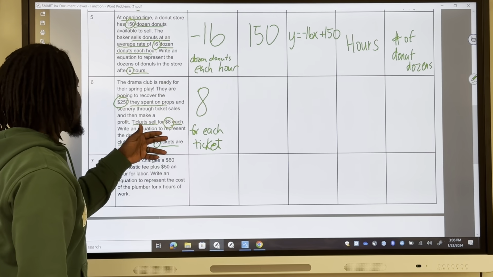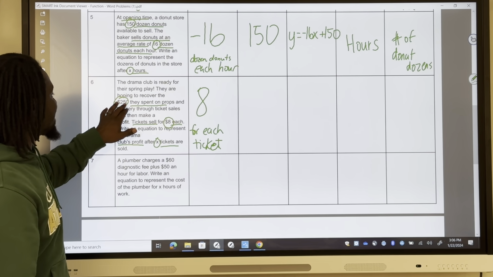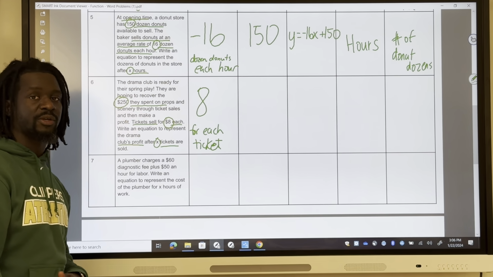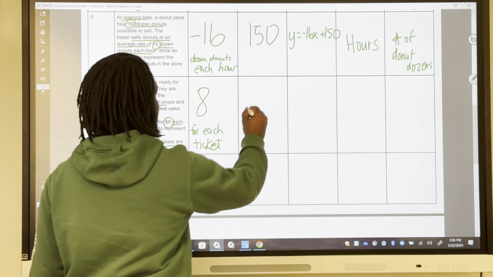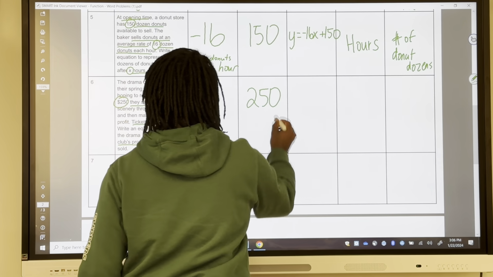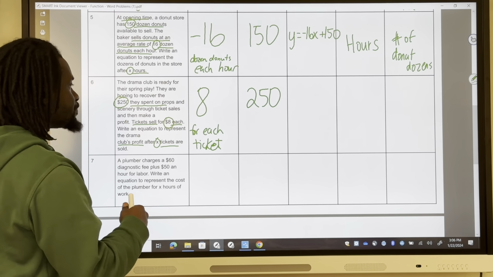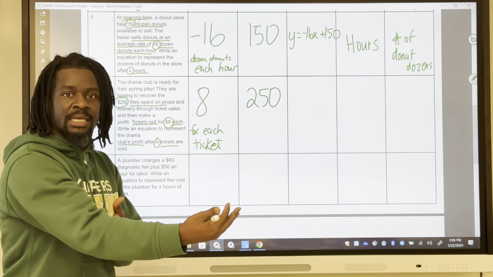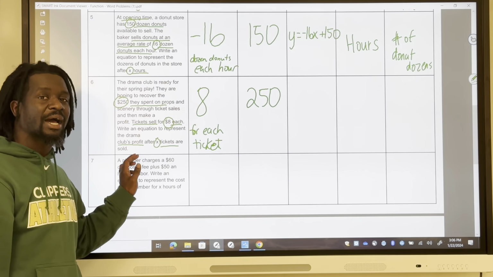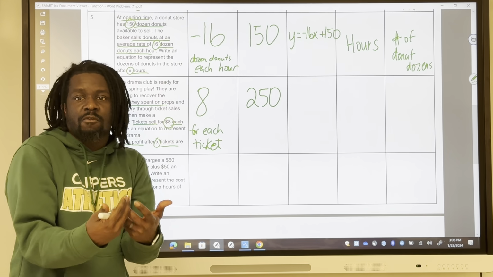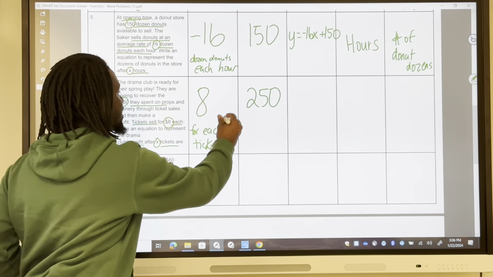Okay, and then now it says they're trying to recover the $250 that they've spent. So $250 is the starting point, but in this case, because they spent that money and they're trying to figure out what their profit is, that's not money that they've already gained. This actually is money that they've already spent.